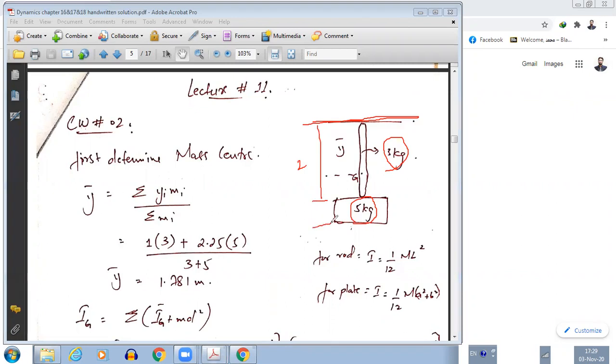So the center of it from the reference would be 1 meter multiplied by the mass 3 kg, plus the center for this plate from the reference would be 2 plus half of 0.5, which is 0.25. So it will be 2.25 multiplied by the mass of the plate, divided by the mass of the rod plus plate, which is 3 plus 5. So the y bar will be 1.781. Before moving forward, is this step so far clear or not?